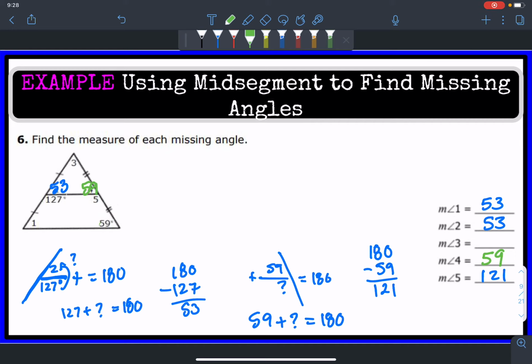I can figure out the measurement of this angle here, this top angle here, by using the triangle sum theorem, that all three angles have to add up to 180. So if I get 180 and I take away the 53 and the 59, which is the same as taking away 112, we end up with 68. So we end up with a total of 68 degrees.